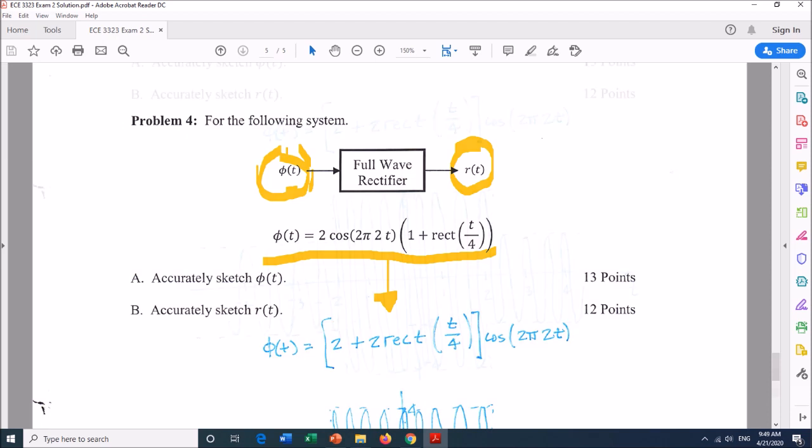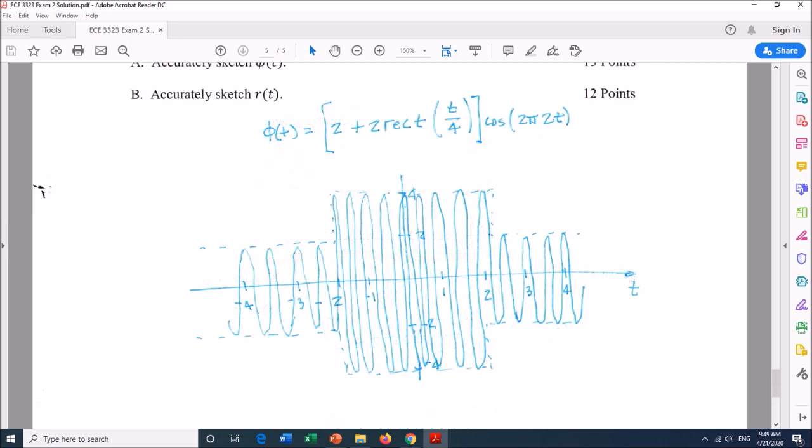amplitude modulated signal. So the envelope for the signal is this term in brackets, which is a value of 2, and then we're adding a rectangle with a height of 2 right in the middle, and the rectangle has a width of 4.